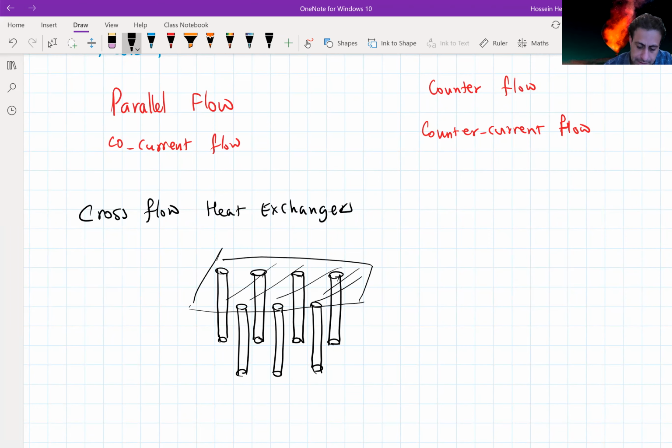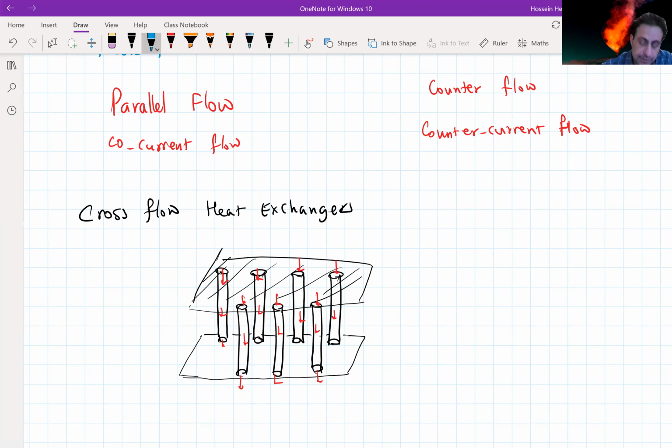So let's say this is the surface and the surface for the other one. So these are the arrangements of the pipes. It could be in any direction. And let's assume, for car radiators, we have this liquid that's going in and going out of the system, flowing inside.